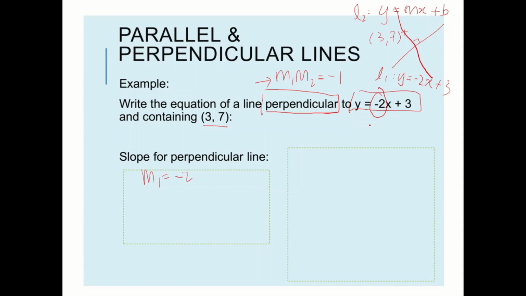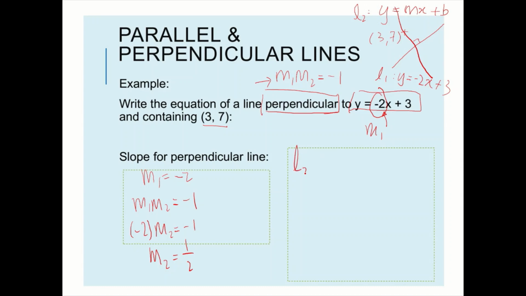So if the M1 is -2, then M1 times M2 is -1 because they are perpendicular. Substituting the M1, we can find the M2. The M2 is 1 over 2. Then we have the slope for the second line.